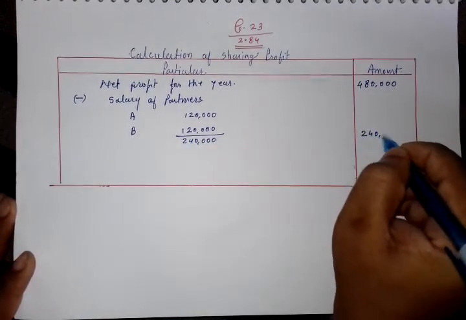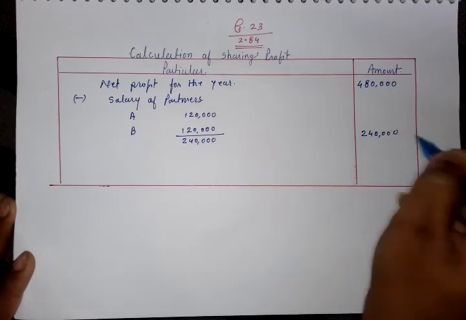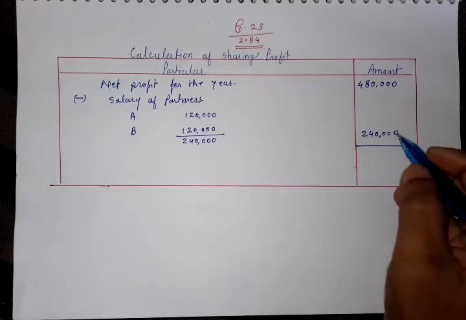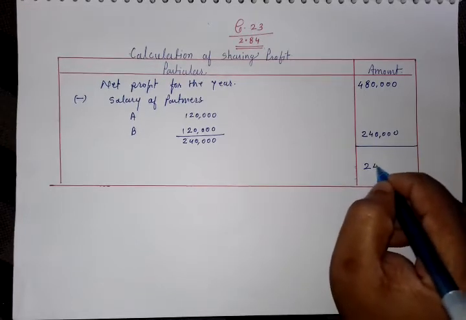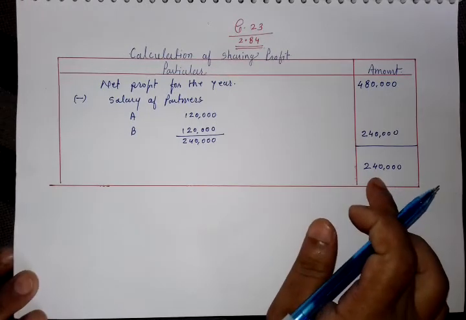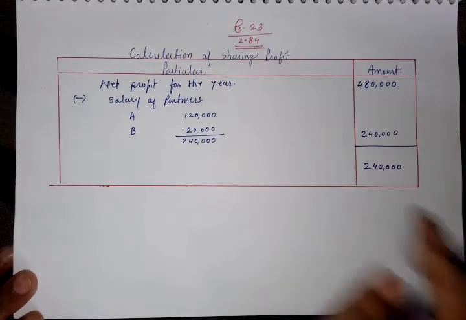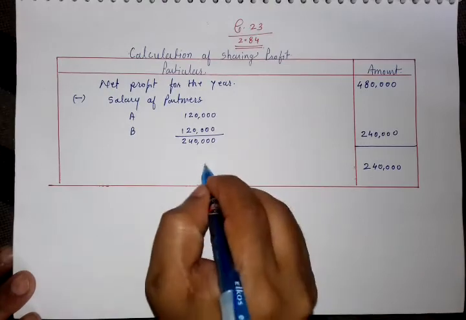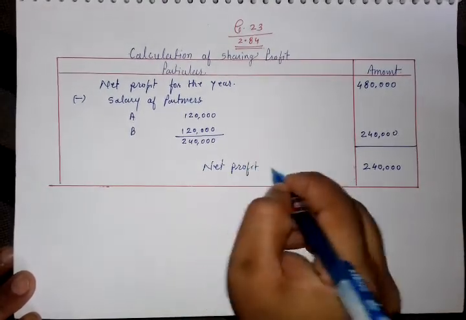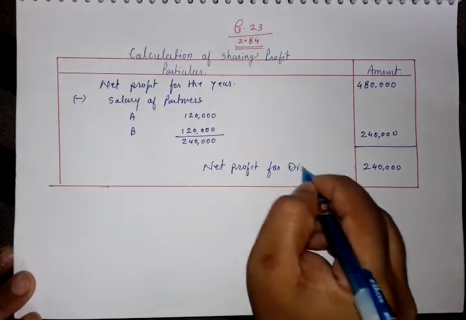So we have to subtract 2,40,000 from 4,80,000. So we have the amount 2,40,000, and this amount is for distribution. So we have to write here net profit for distribution.